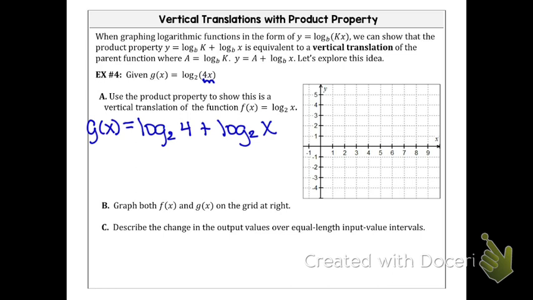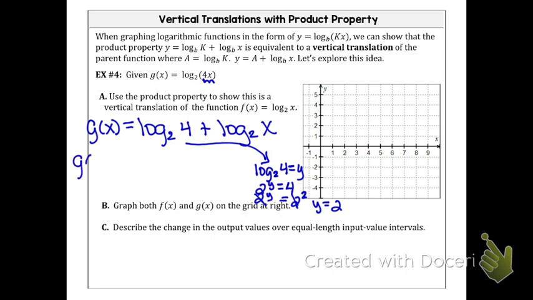Now remember earlier I said if you have a log base of a number, you should see can you simplify that. So if we have log base 2 of 4 is equal to y, then b to the y equals x. We can get like bases because 4 is the same as 2 squared. So we get 2 to the y equals 2 squared, and so we know that y is equal to 2.